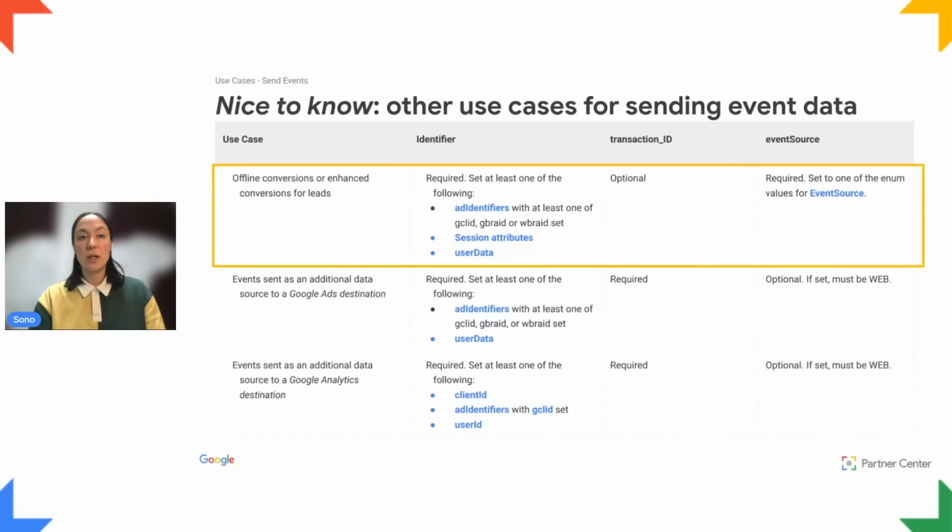And also there are some differences in the identifiers which need to be set or are required. Also to mention is that the transaction ID is in any case required. So for the offline purpose, we say it's optional, but it's highly recommended, most importantly for deduplication.